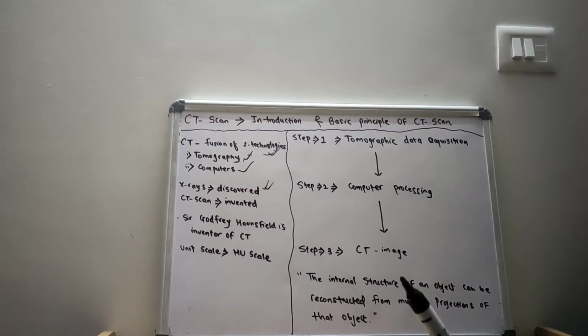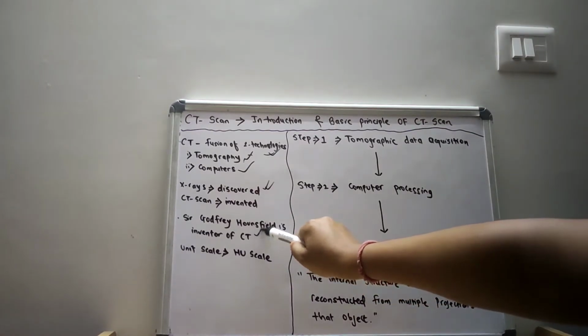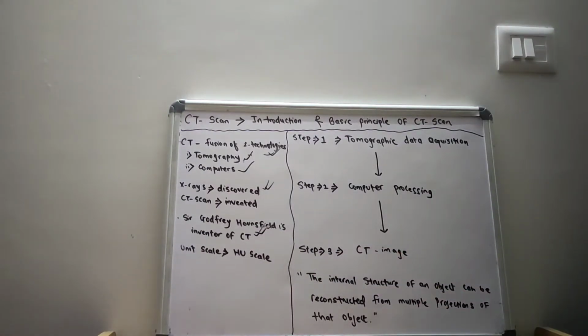Sir Godfrey Hounsfield is known as the inventor of the CT scan, the founding father of CT technology. He was awarded the Nobel Prize in Physics jointly with Allan Cormack in 1979. There is also a unit called the Hounsfield unit in his honor.